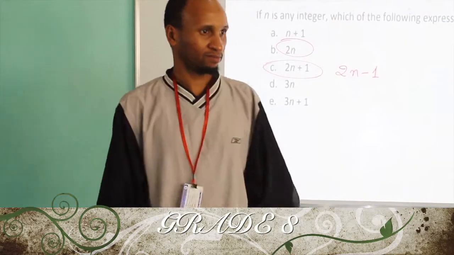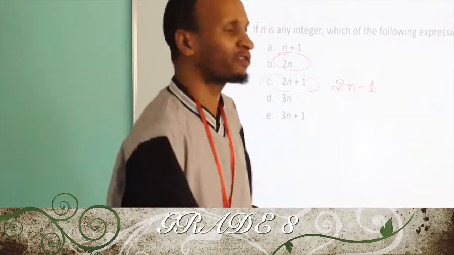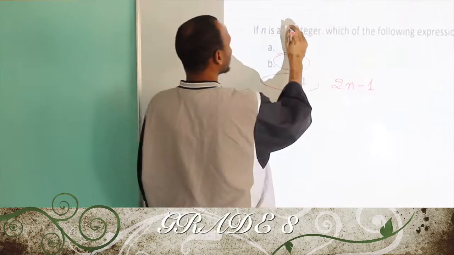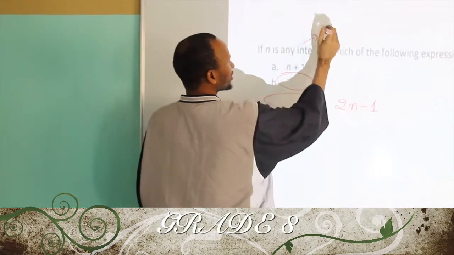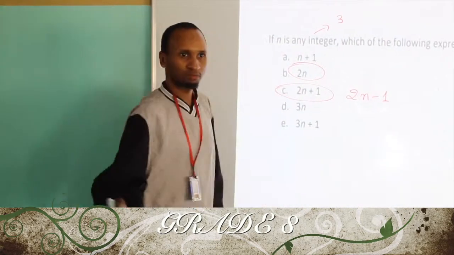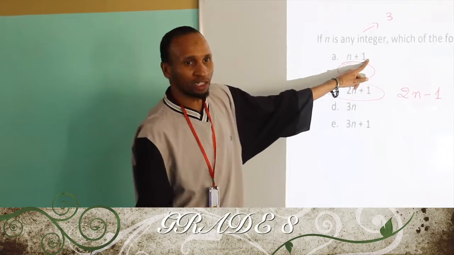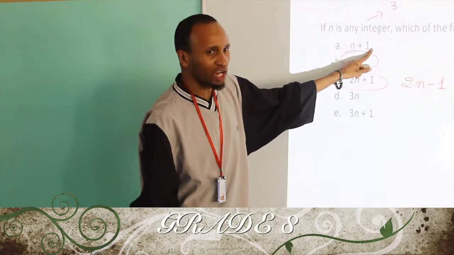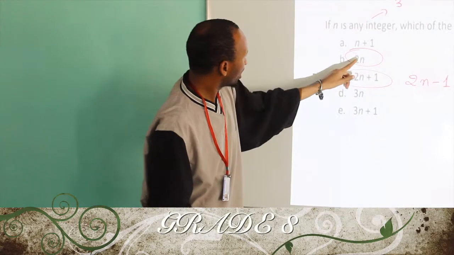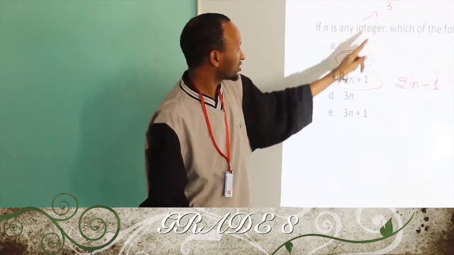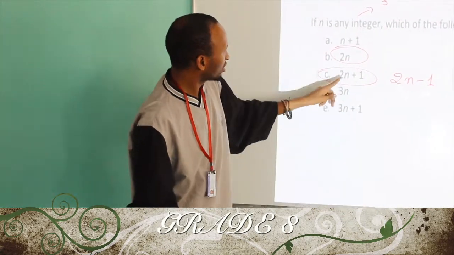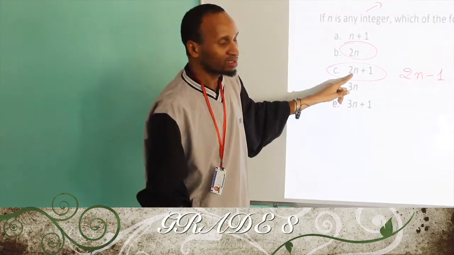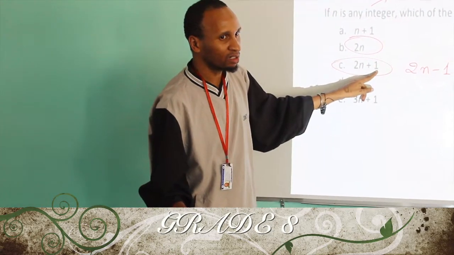Either way. But if you don't know how to solve it, pick a value. It says any integer. I can pick 3. 3 plus 1? 4. Is that odd? No. 2 times 3? 6. 6 plus 1? 7.